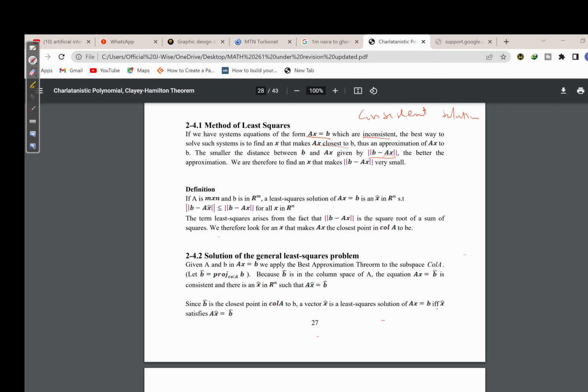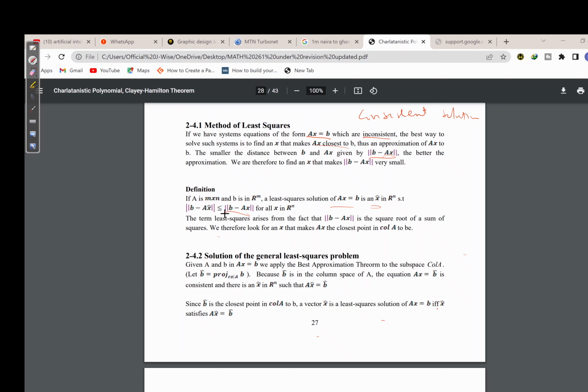But before that, let's consider some definitions. If A is an m by n matrix and b is a vector of finite dimension, a least squares solution of Ax equals b is an x hat such that the distance between b and A x hat is less than or equal to the distance between b and Ax, for every x in Rn.